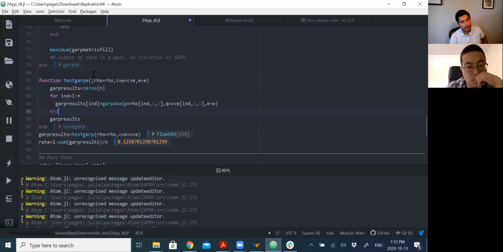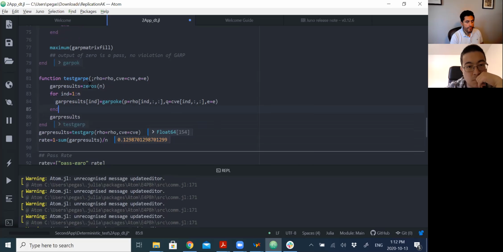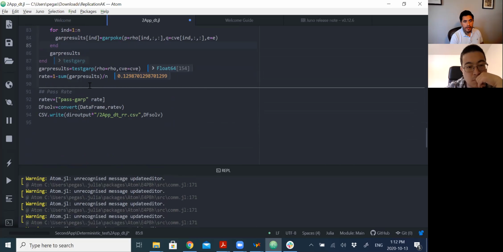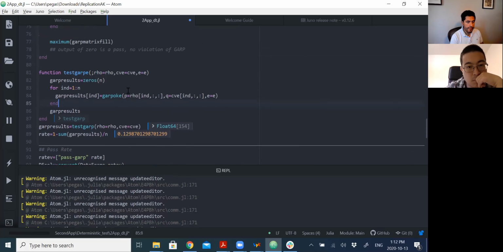I also sent you a code from MATLAB that you can use, which is better than this, but you can also do a search and see which is the highest value of E that is compatible with GARP for an individual. So that was basically the exercise. It was very simple.